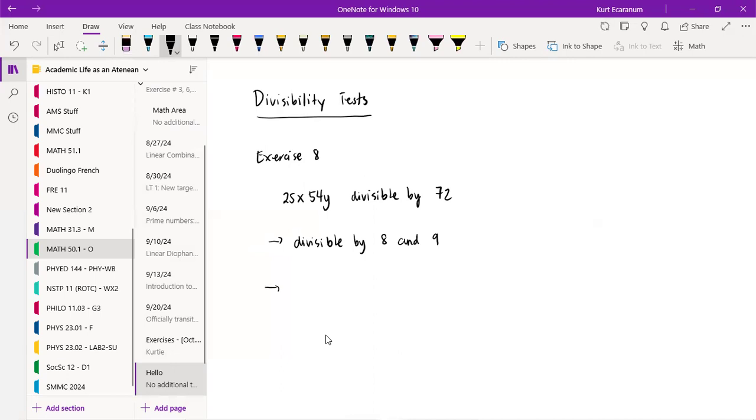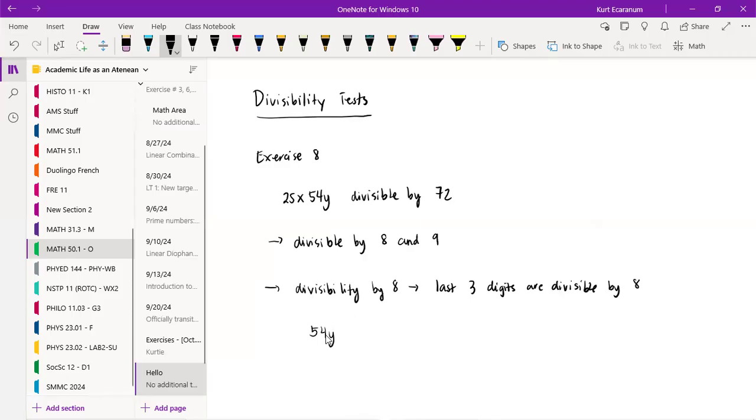Divisibility by 8 means the last 3 digits are divisible by 8. No matter how many digits the number has, as long as the last 3 digits are divisible by 8, then we can find out the value of y.